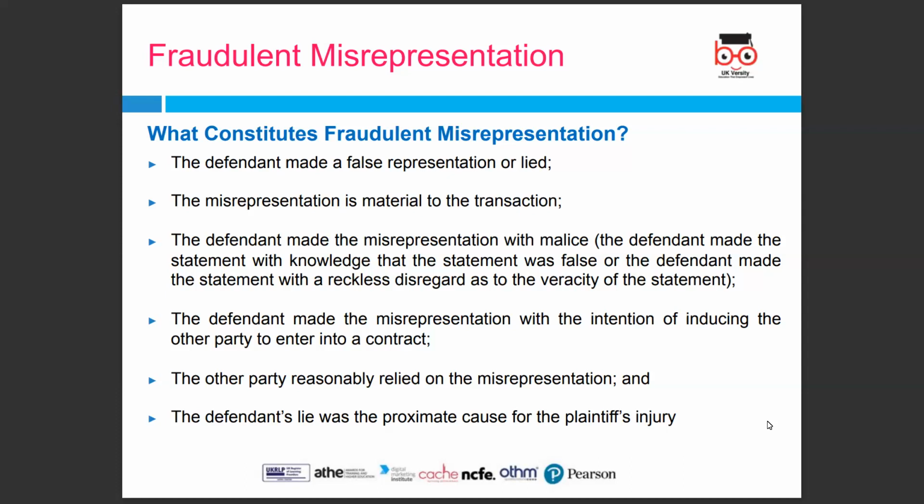True statements which become false. As we discussed earlier, some statements may be true at the time of the statement, but later become false. In those situations, it was established that there's a duty for the statement maker to make the representee aware of this change.